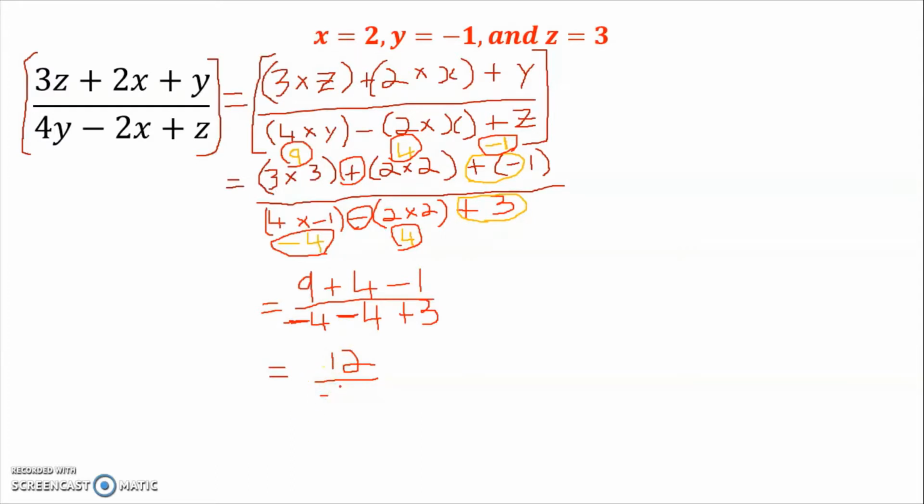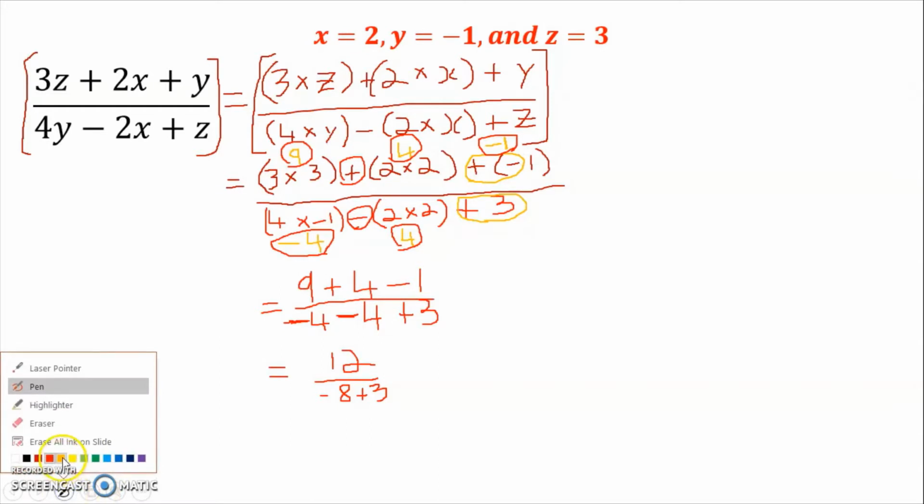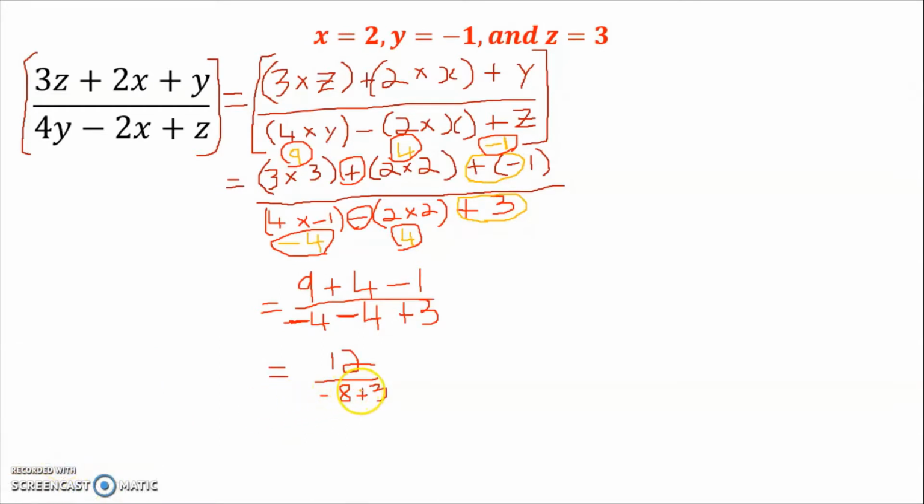Then negative 8 plus 3. Now the signs are different, one is positive, one is negative, so we have to subtract.